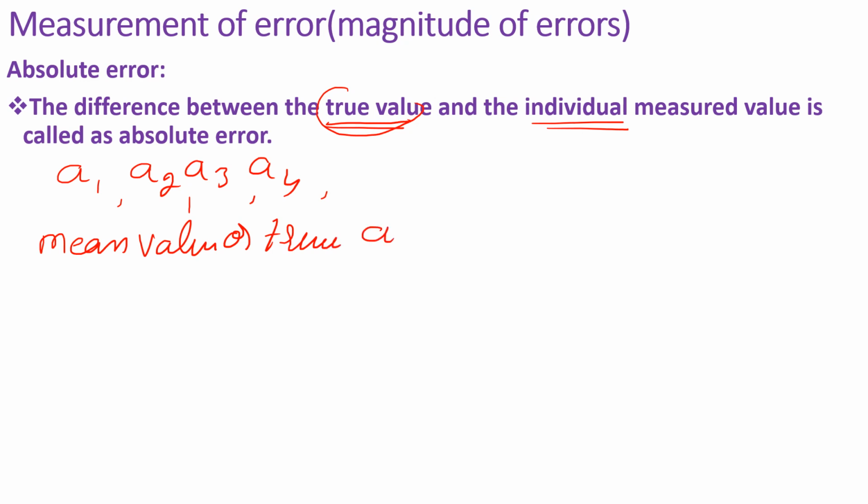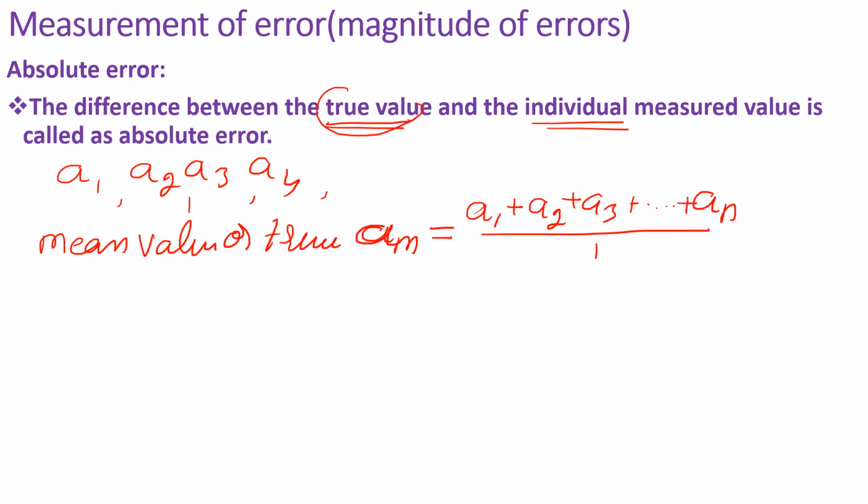That is written as AM. True value is always written as AM, A mean, which is equal to the arithmetic mean or the average. So that is A1 plus A2 plus A3 and so on, up to AN, divided by the number of values, that is n.